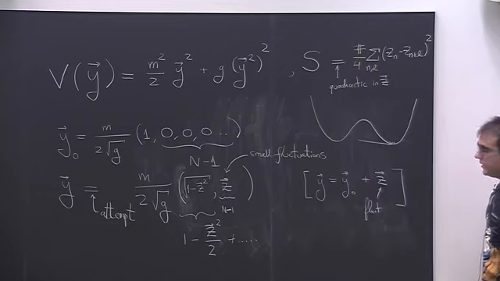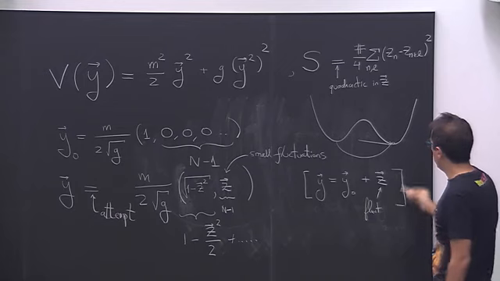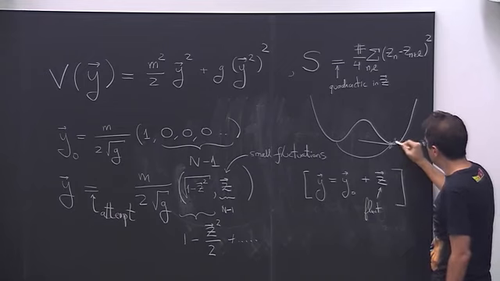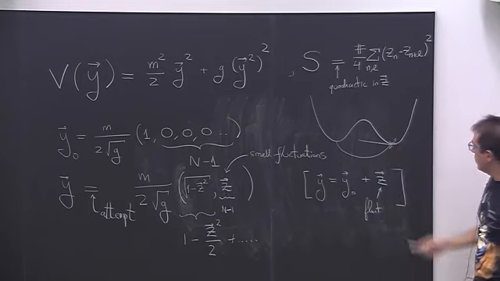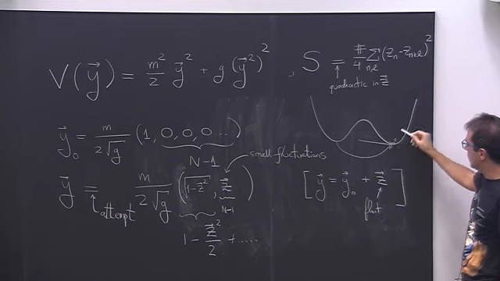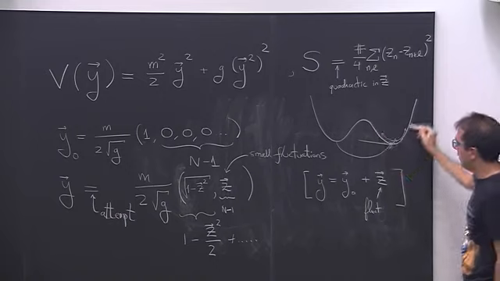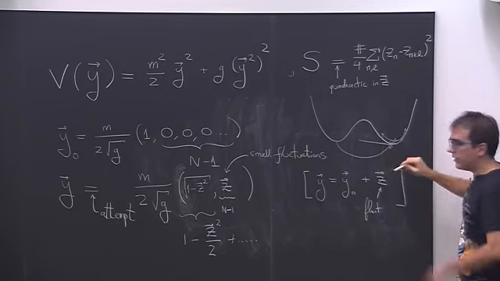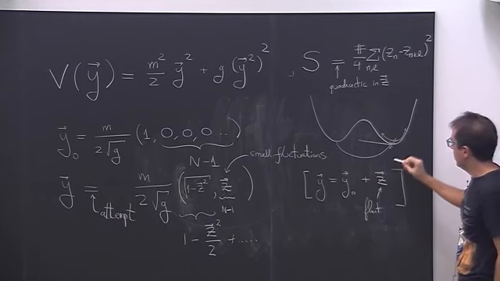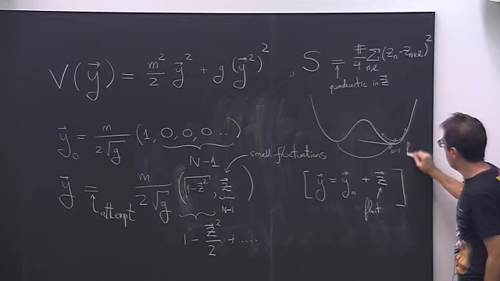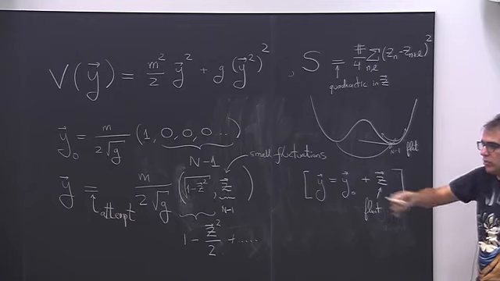But what's the intuition here? The intuition is that I have some Mexican hat here, and I'm expanding, and these are these directions here, right? But what is the mass of these directions? Well, this one is massive because it costs energy to go up and down. But these ones are in a flat direction of the potential, right? In the figure, there's only one. But here, there are n minus 1 flat directions, directions that don't cost any energy.